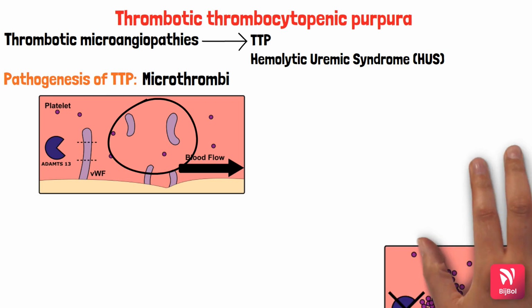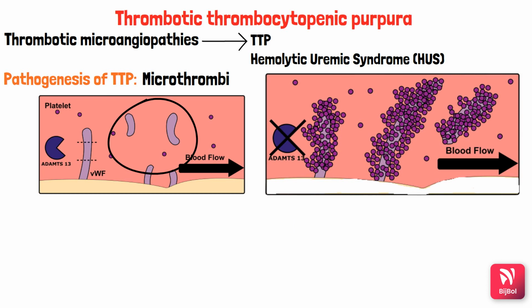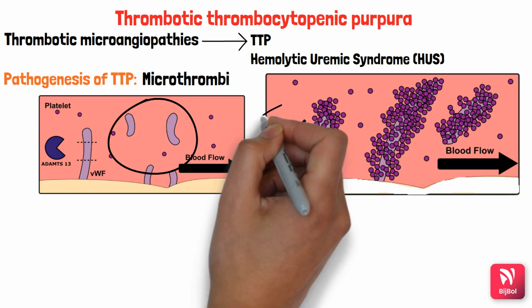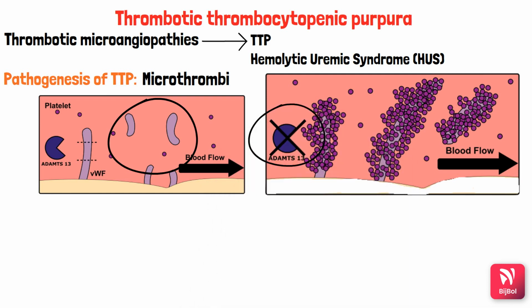Whereas in case of TTP, there will be deficiency of the enzyme ADAMTS13. This metalloproteinase will be deficient. So without any injury itself, von Willebrand factor is produced, right, normally. If ADAMTS13 is there, it helps in destruction. But now that ADAMTS13 is not there, there is no destruction of von Willebrand factor.